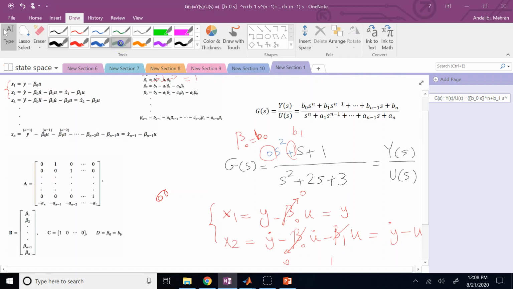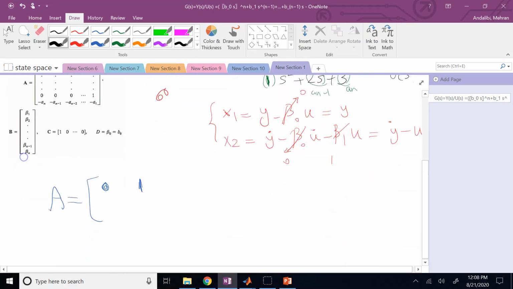Since here I have a leading term of 1, that makes life easy for me. So this is an and this is an minus 1, so negative 3 and negative 2. That is my A.